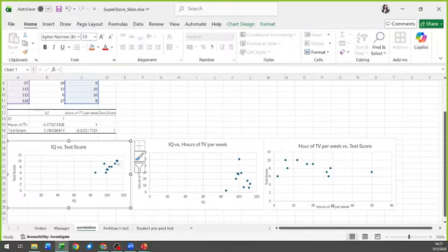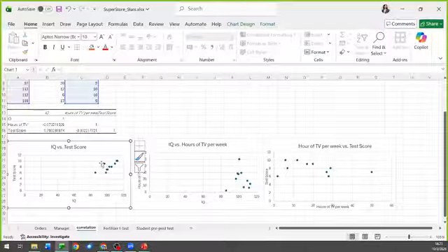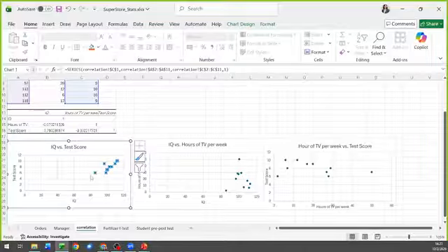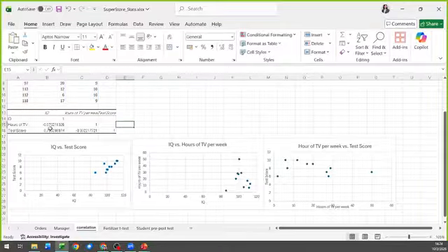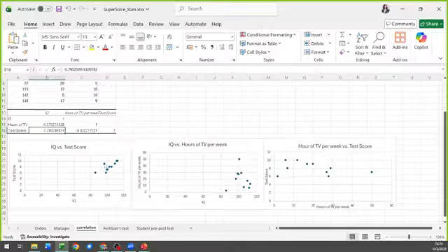It looks like high IQ comes with high test score, low IQ comes with low test score, except there's a little bit of an outlier here. These two points look like a small outlier, not much. So that makes it not perfect, possibly because of these two points.